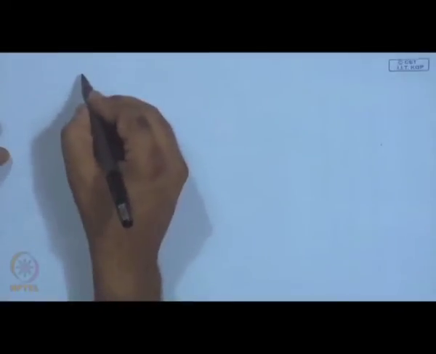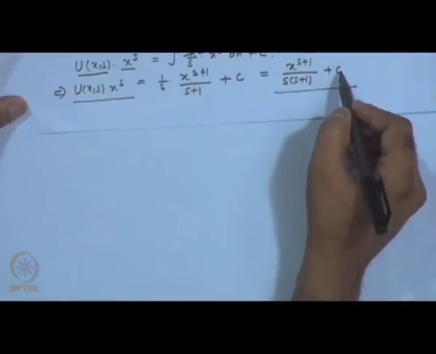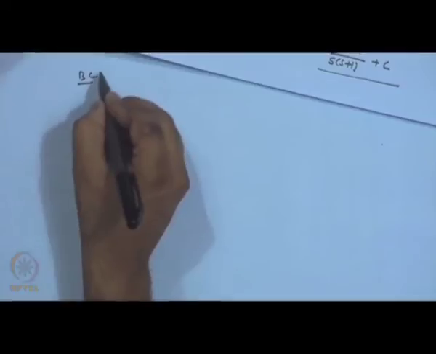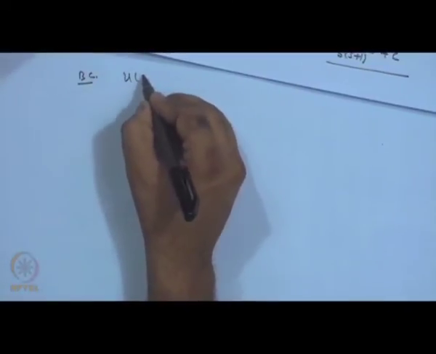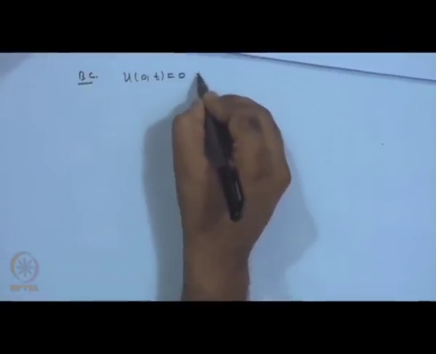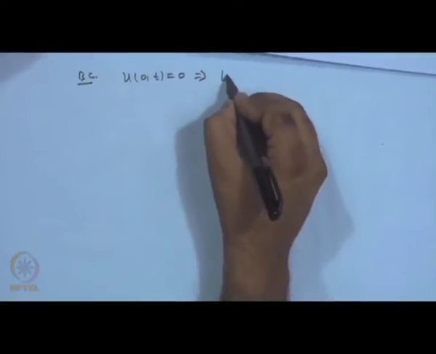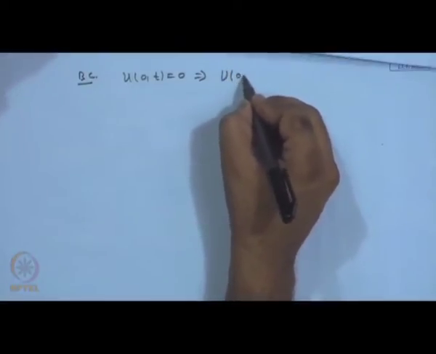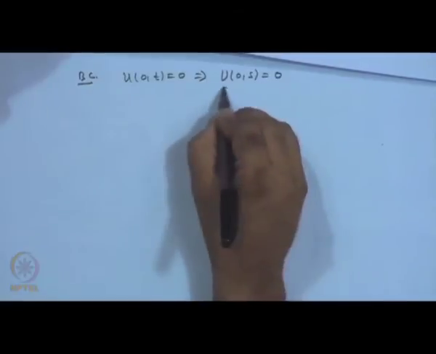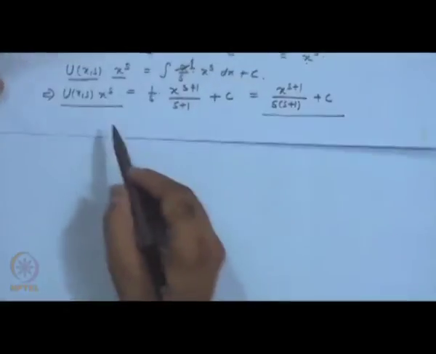Now let us consider this equation itself and get this constant c. Our second condition was that u(0,t) is 0, and this will give us that u(0,s) is 0. Now we use this condition here.